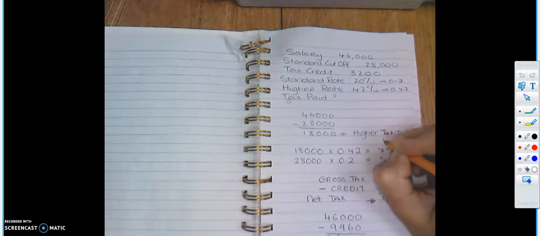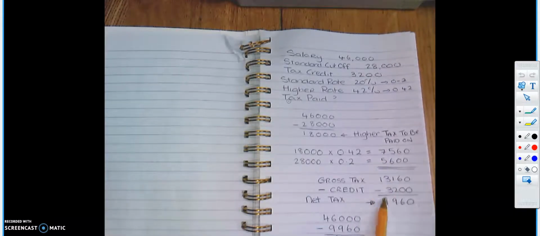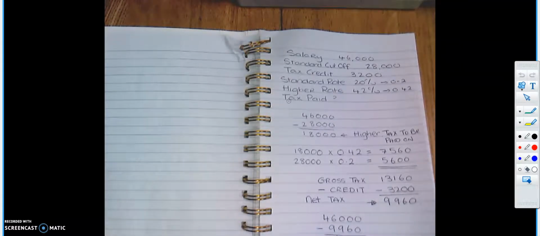You then calculate the taxes, so you multiply the higher amount by the higher rate, the amount up to the standard cutoff by the lower rate, and add the two values together to give you gross tax. Take away the credit and you get net tax. Okay, I hope that worked.